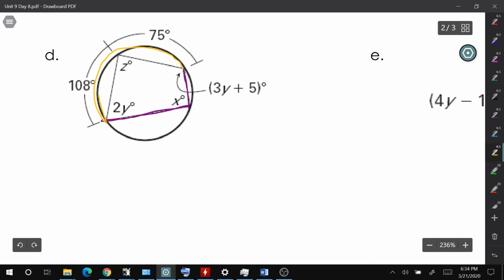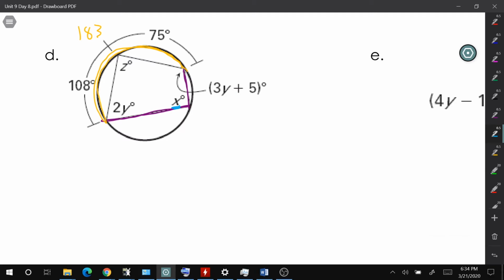That arc, once you add it up, is going to be 183. Now, because angle X is an inscribed angle, we know that angle X should be half of 183.